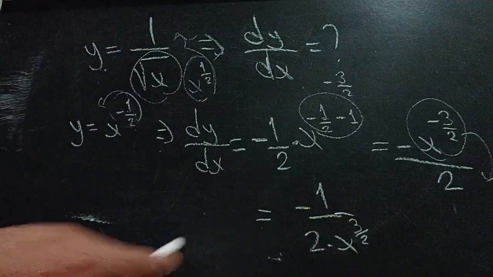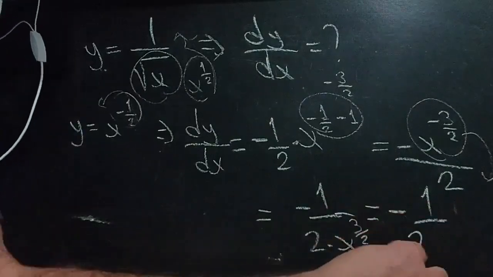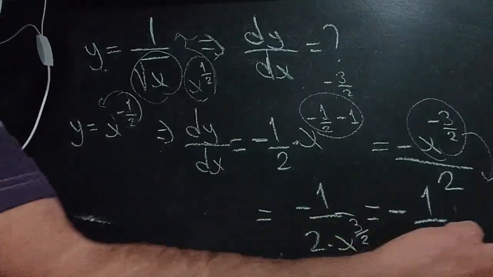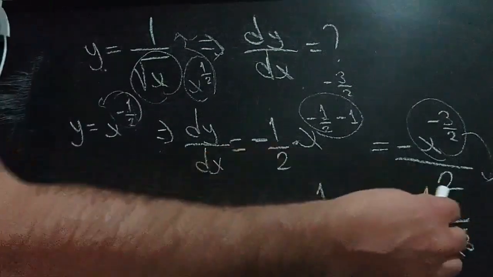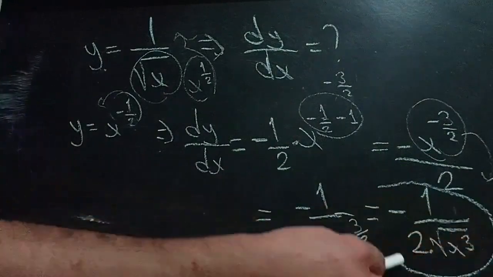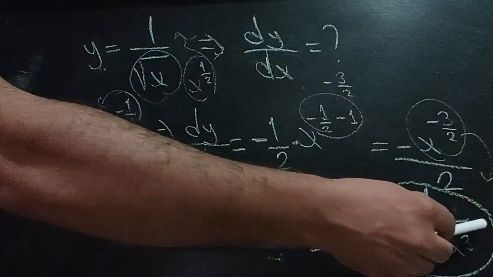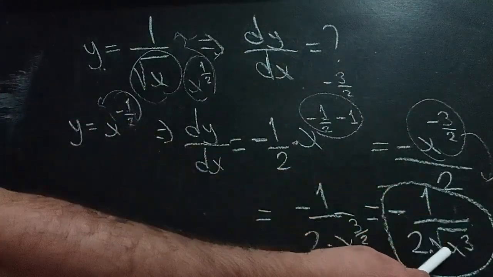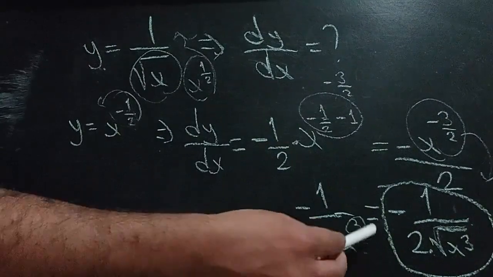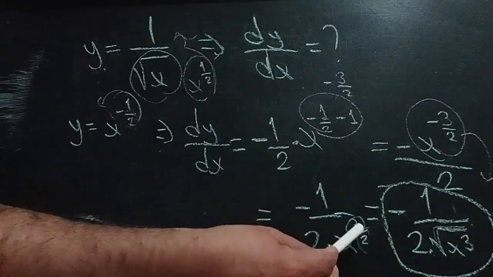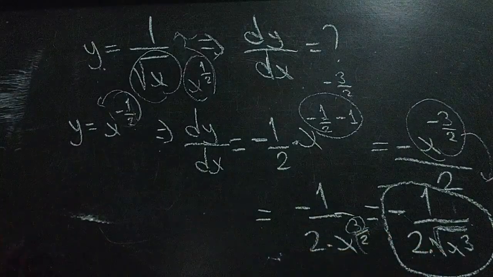That 3 over 2 means negative 1 over 2 times square root of x to the power 3. So that will be your final answer. Or negative 1 over 2 times square root, because 1 over 2 means square root, and the power is x to the power 3.